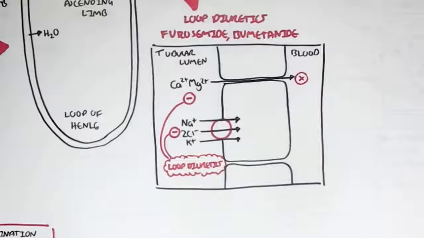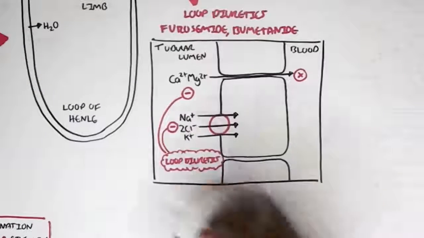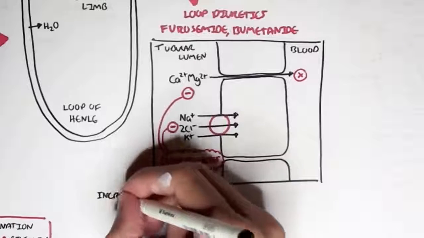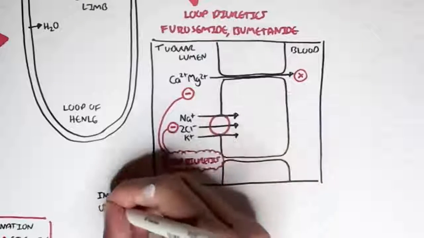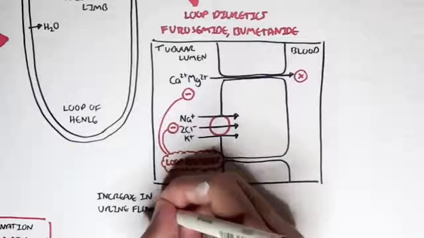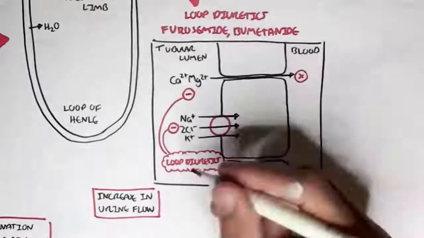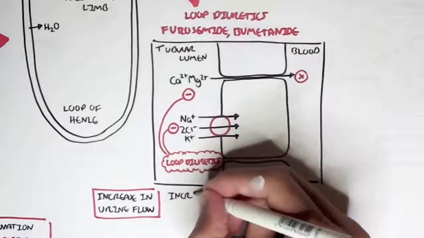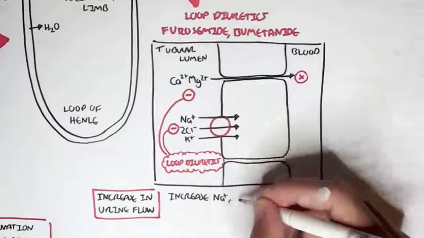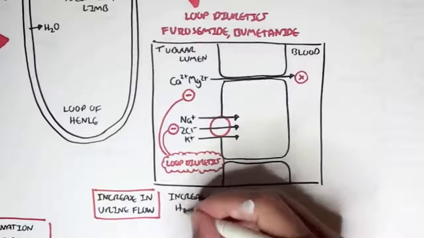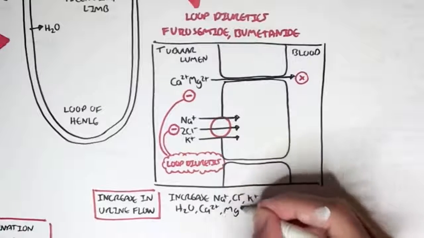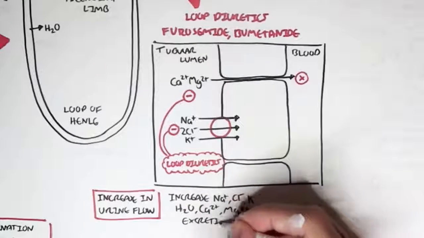So, loop diuretics essentially prevent the reabsorption of sodium, which therefore prevents the reabsorption of water, which therefore will decrease blood pressure. Some information: loop diuretics will increase the urine flow because they prevent the reabsorption of all these things. They increase sodium, chloride, potassium, water, calcium, and magnesium excretion in the nephron.